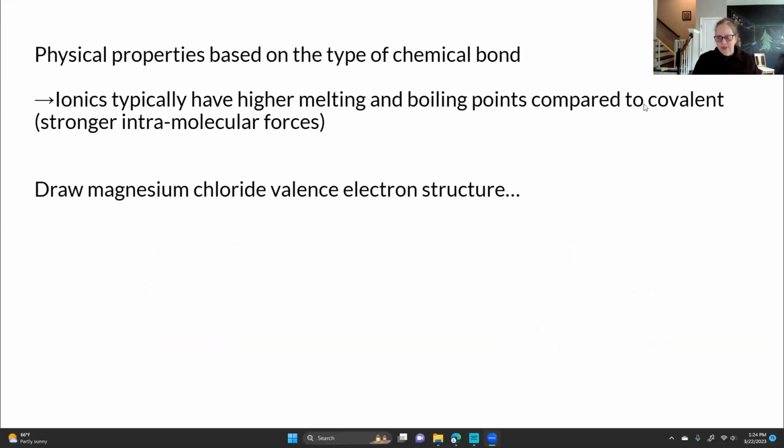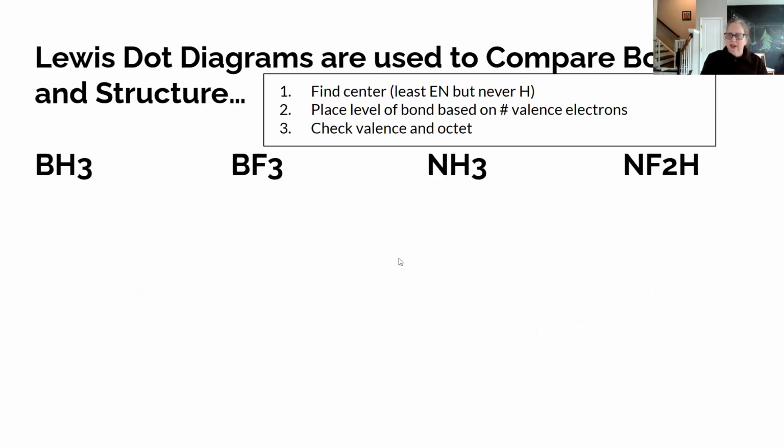They don't have a specific shape, but covalents have a specific shape, and we're going to get a little bit into that today. Boron trihydride, find the center atom. Normally it's the one that's also the most symmetric.